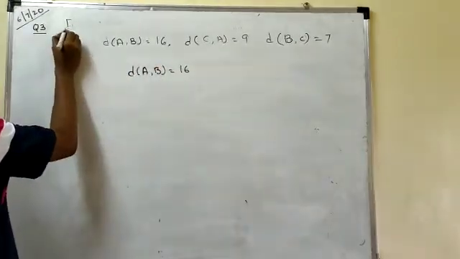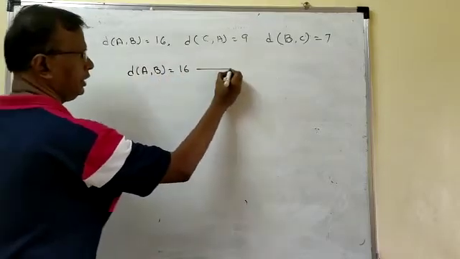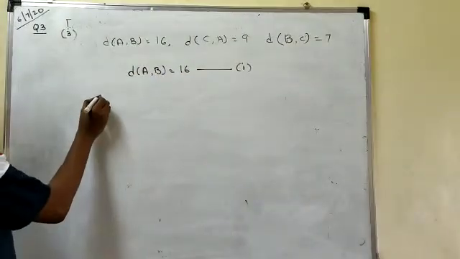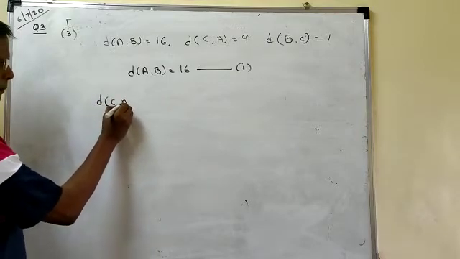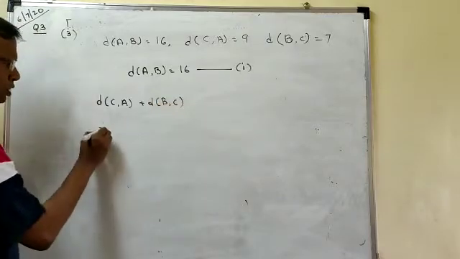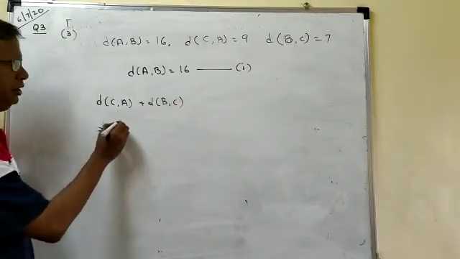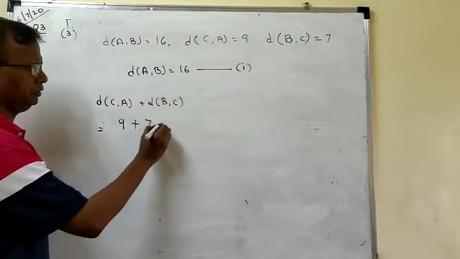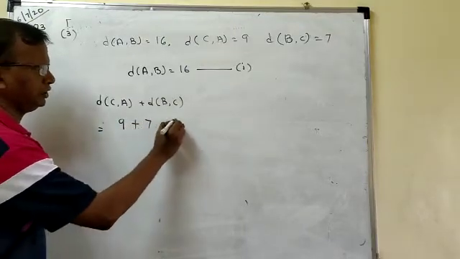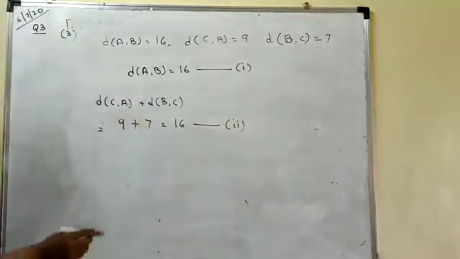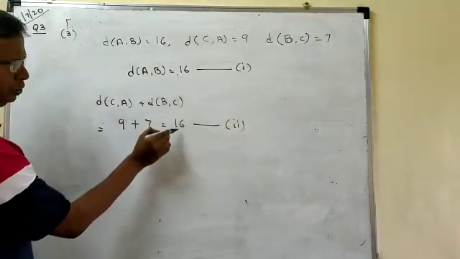So distance AB is equal to 16. Sum number third, write this as equation 1. Then the remaining two distances we have to add, that is distance CA plus distance BC. Distance CA is 9, distance BC is 7. If you add 9 plus 7, it is 16. Write this as equation number 2. Now compare: this is 16, this is also 16.